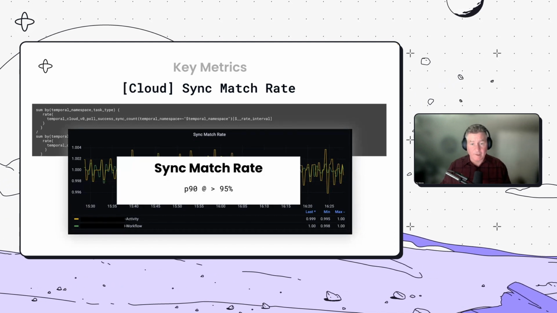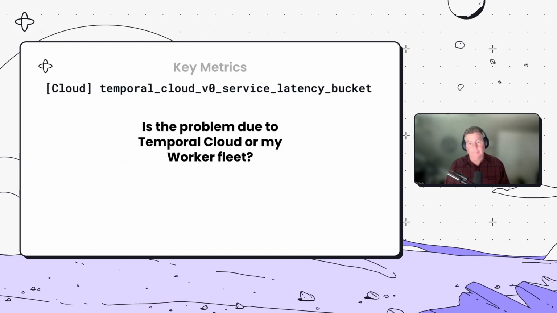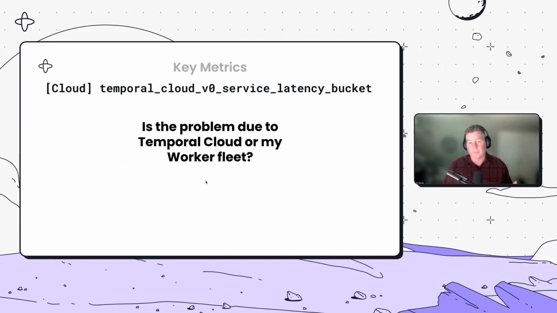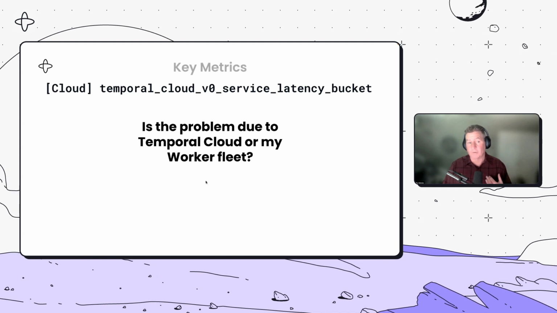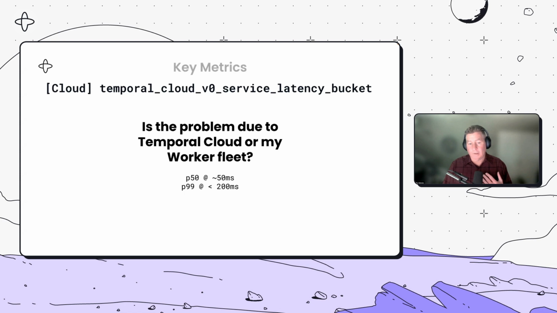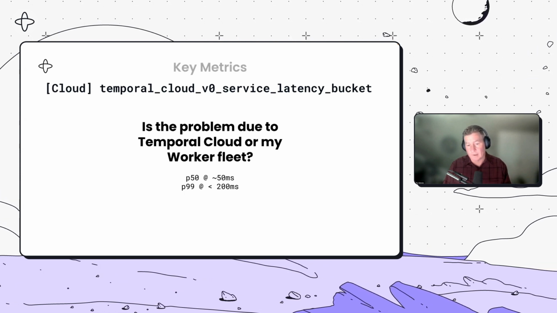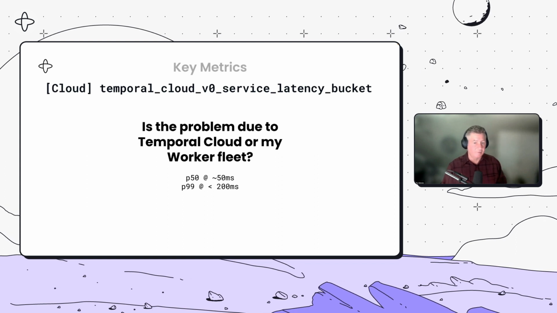And finally, I have to ask the question: is the problem due to Temporal Cloud, or is it my worker fleet? Well, we will keep our service latencies down, typically anywhere from 50 milliseconds to 200 milliseconds.